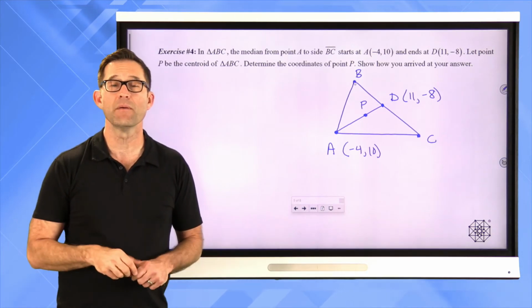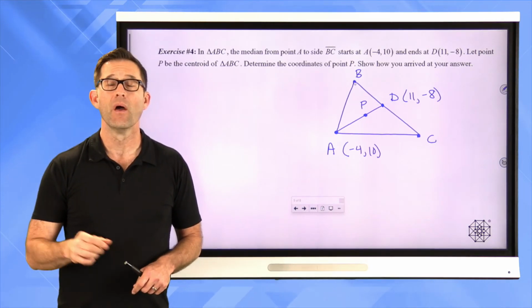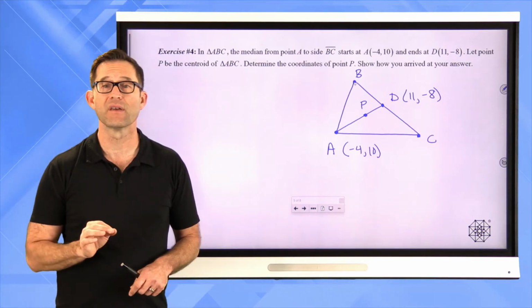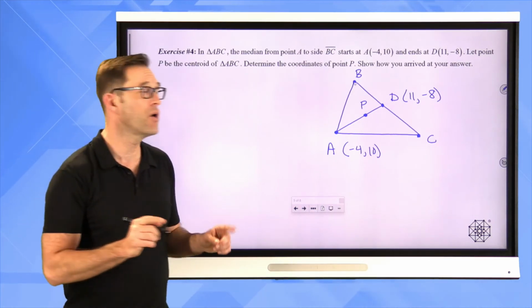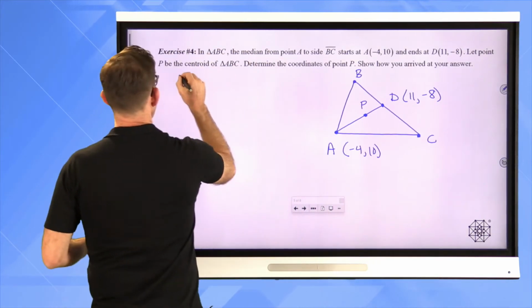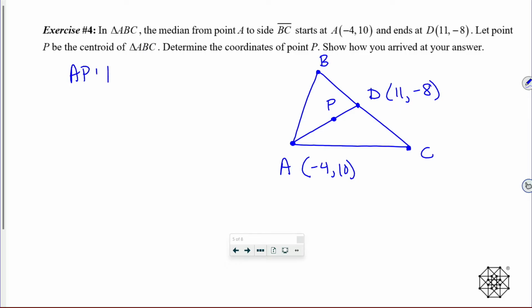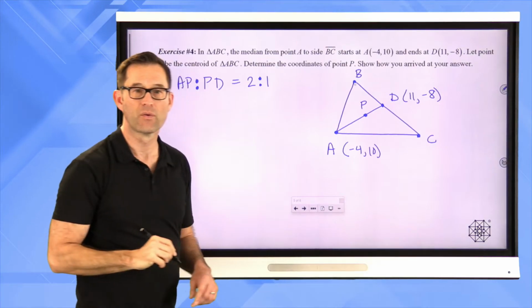Well, this really takes me back to our last lesson on directed line segments and partitioning them in the coordinate plane, right? Because I know right now that AP to PD, in this case, is 2 to 1, right?